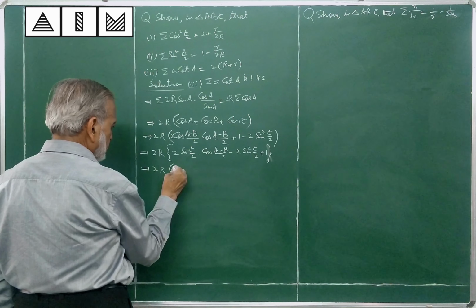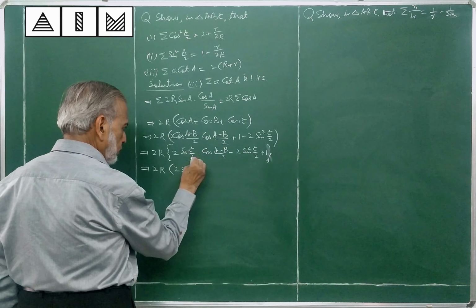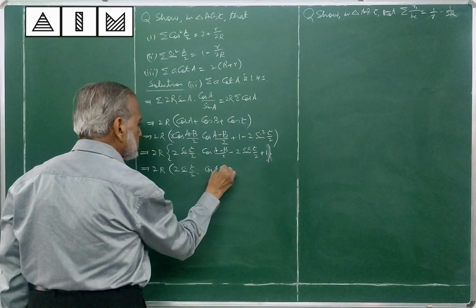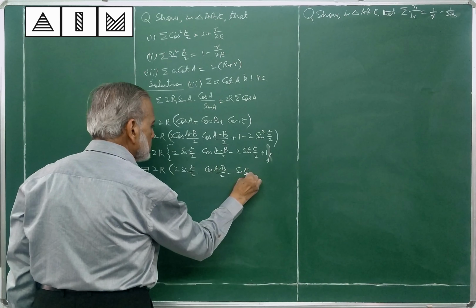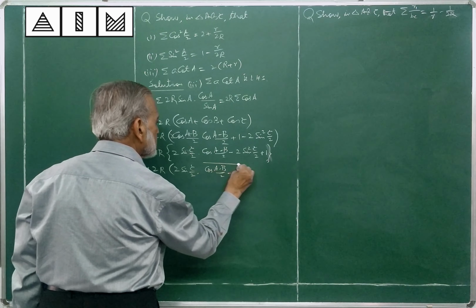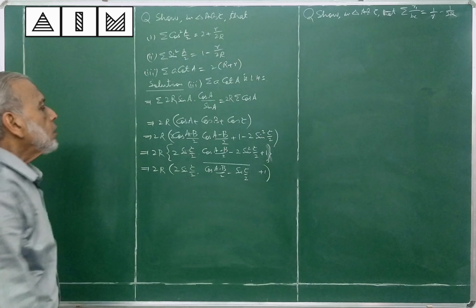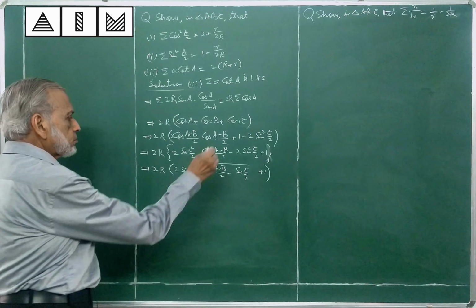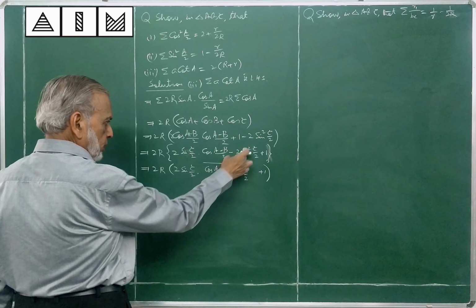Please see here, 2 sin C by 2 is common in this part. Understand once again, 2 sin C by 2 is common. So we get 2 sin C by 2 times cos A minus B by 2 minus sin C by 2.